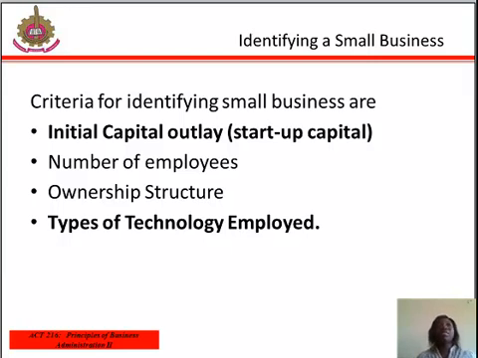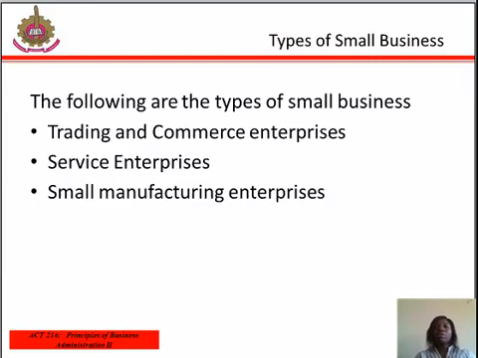This is because small businesses, due to their low capital base, cannot afford to acquire complex technologies that are very expensive. So the following are the types of small businesses.